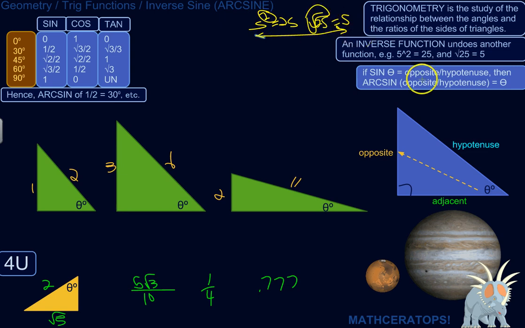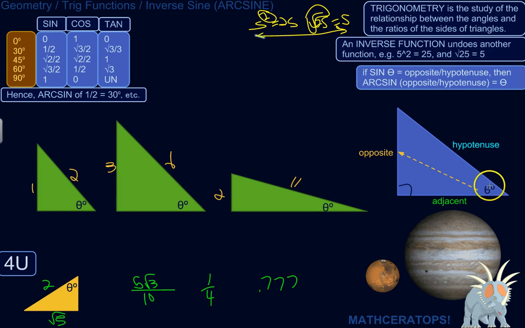Okay, so the square function and the square root function are inverses of each other. Similarly, sine and arcsine or inverse sine are functions that undo each other, in a sense. So what does sine mean in the first place? Well, sine is a trigonometric function, and trig is just the study of the relationship between angles and the ratios of the sides of triangles.